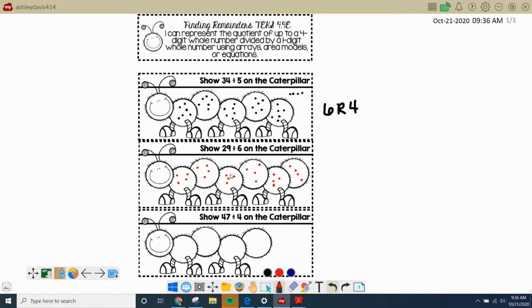If I go 25, 26, 27, 28, 29, I would have one group that isn't even. So I'm going to put what's left over on the outside: 25, 26, 27, 28, 29. My answer, how many are in each group, is 4. And my remainder is what is left. Remainder 5.